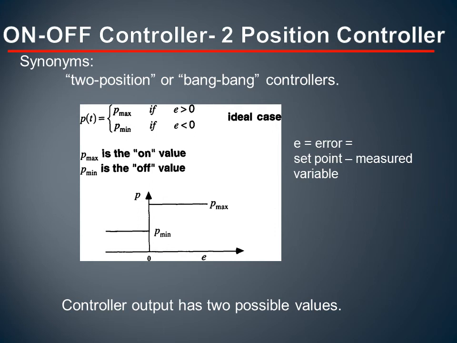Since it has only two states, on and off, it is also called a two-position controller. Here P max is the on value and P min is the off value. The error is nothing but the difference between set point and the measured variable.